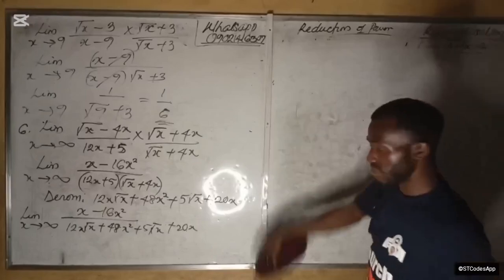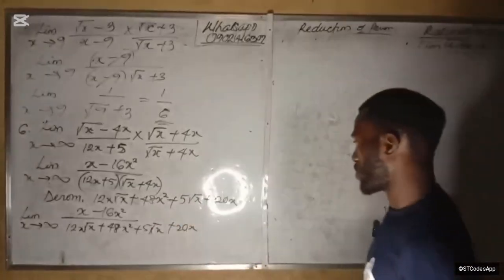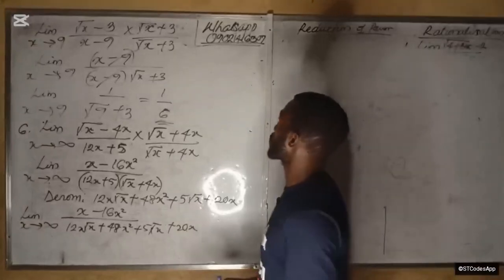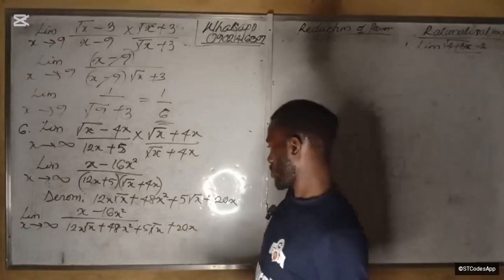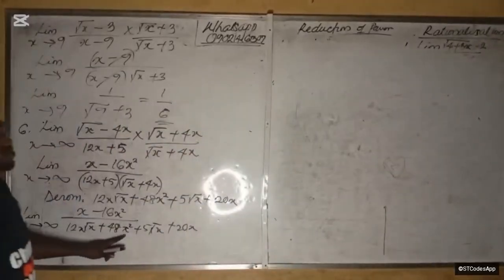So we have this over this. So let's use reduction of power now, since we can use that. So we divide through by the highest power of the denominator, which is x squared.